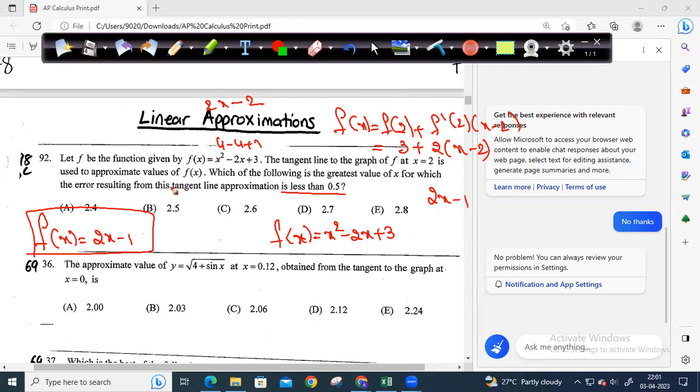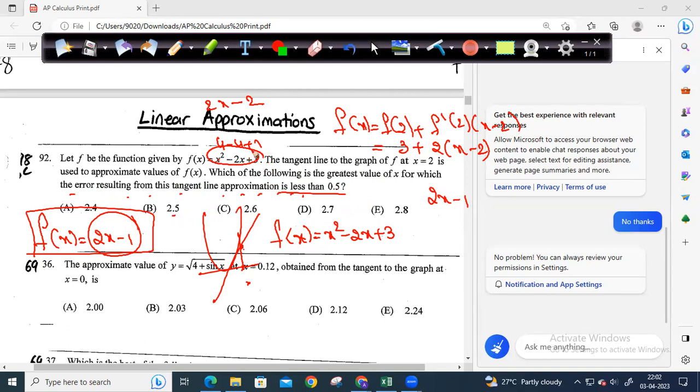Now, it is telling which of the following is the greatest value for which the error resulting from the tangent line approximation is less than 0.5. So it is the difference between the actual value and the predicted value. This is the predicted value, right? There is a function, so this is what you're getting. So at the 2 point, this is 2.7. This is the actual value, but you are using the tangent line. So you'll say 2 into 2.5 minus 1. So I want the greatest value for which the error is still less than 0.5.